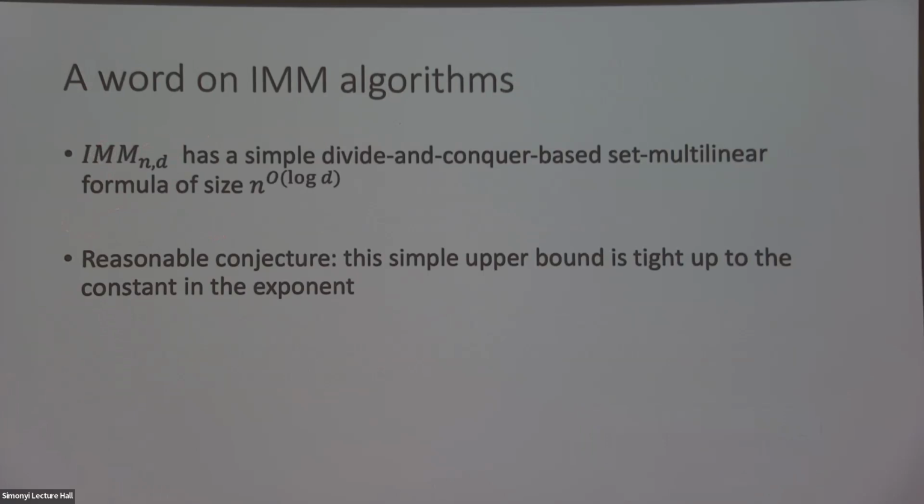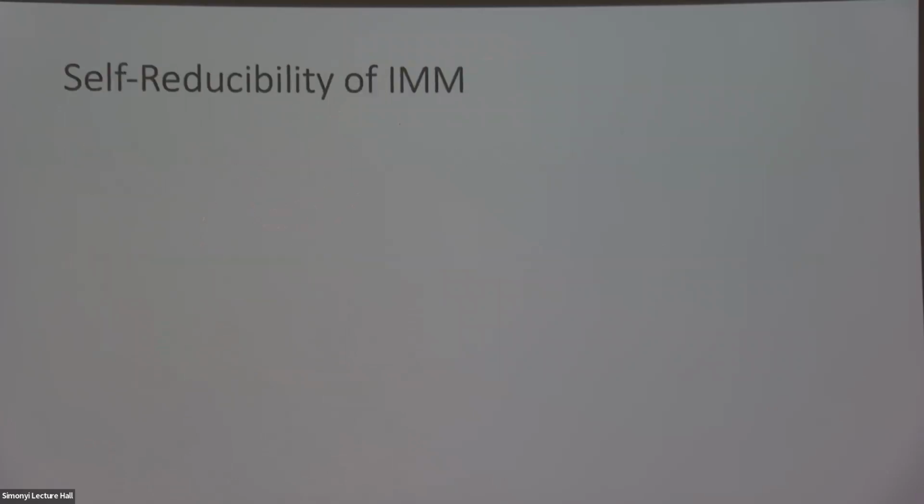To compute the product of D matrices, you'd compute the product of the first two, then the second two, then the next two, and then the product of D matrices became a product of D over two matrices, and then you iteratively do it. And some divide and conquer approach gives you a formula of size n to the O of log D for the product of D matrices. And this is the best we know. This is the best formula we know.